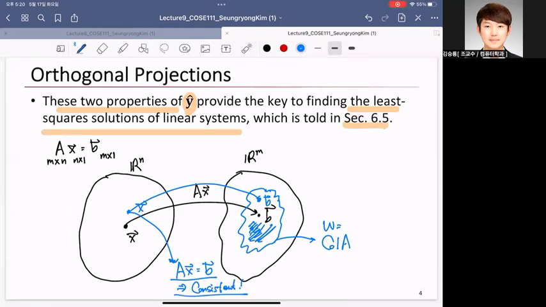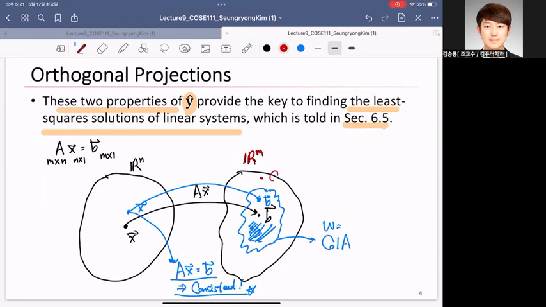But in many cases, as you know, let's think about Rm space. Rm space is a continuous and infinite space. It's a really huge space. So in other words, most vectors in Rm space are not in the column space.